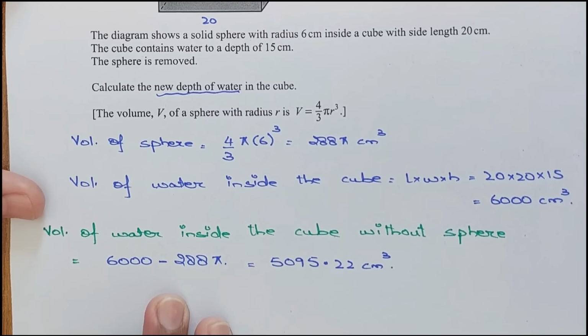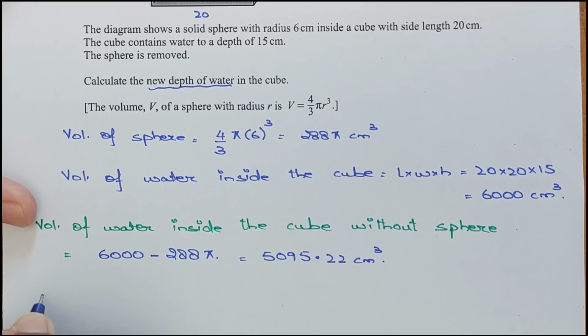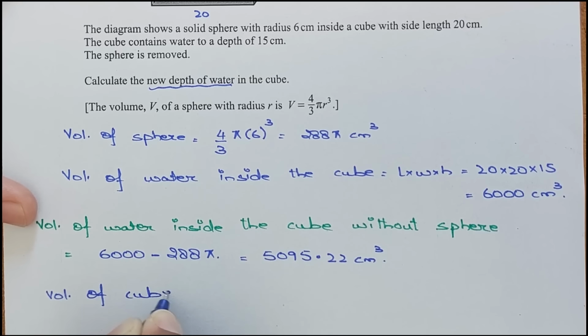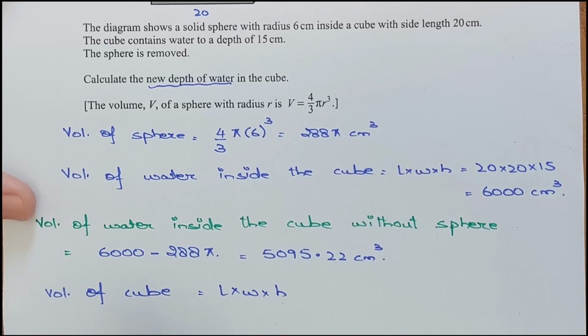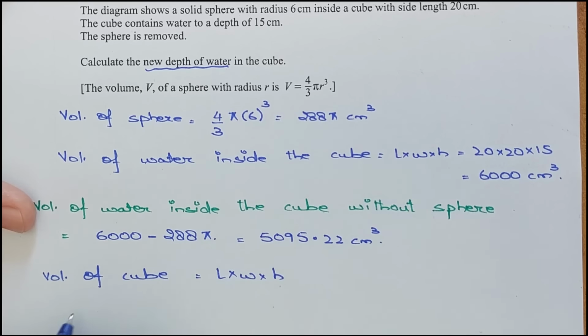All right, so we know that the volume of a cube is length, width and height. So now the new volume we got is 5095.22, that is equal to length, which remains the same, width is the same, and we have to find out the height.